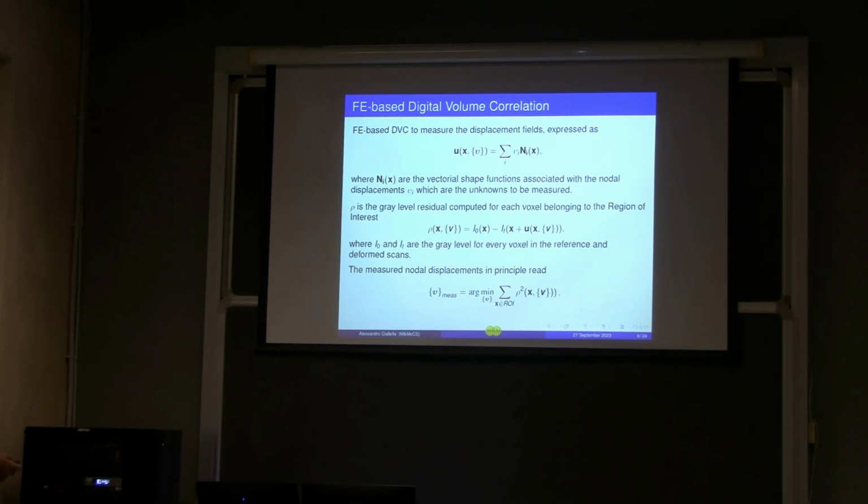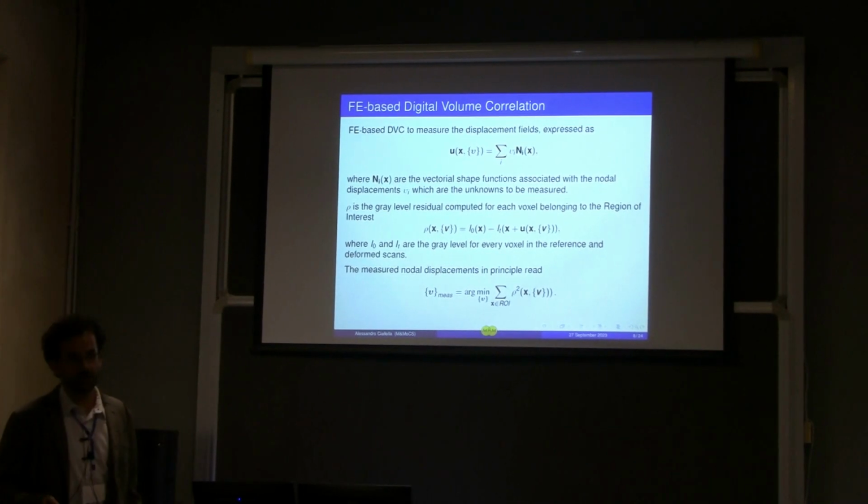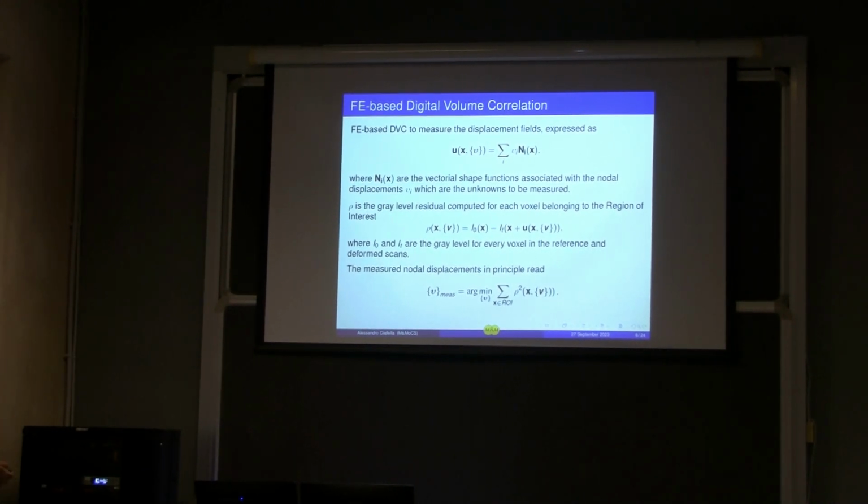Basically what we were looking for is the displacement U, and we looked for the displacement as the one that minimizes the gray level residual, so the difference in gray level between the reference scan and the current scan. And this minimization is done in a setup of nonlinear least square minimization.